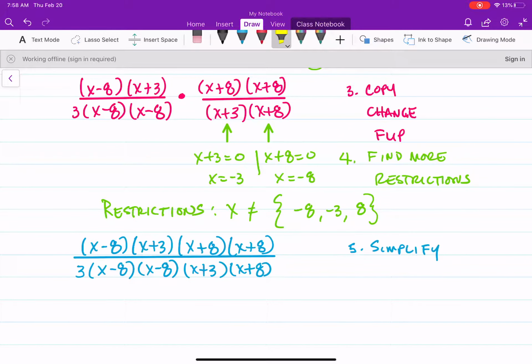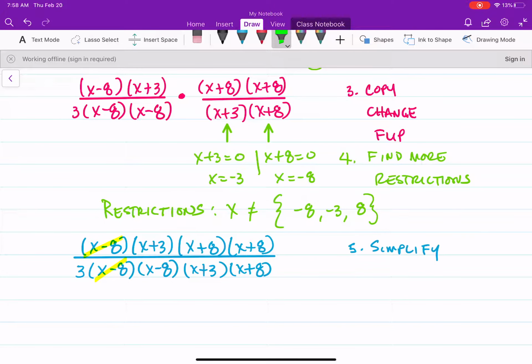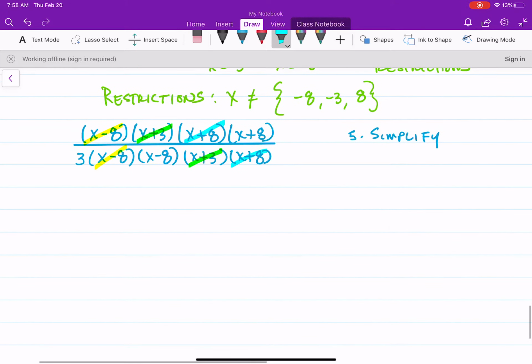So is there an x minus 8? Yes, there is. Is there an x plus 3? Yes, there is. Is there x plus 8? Yes, there is. And then is there another x plus 8? No, there's not.